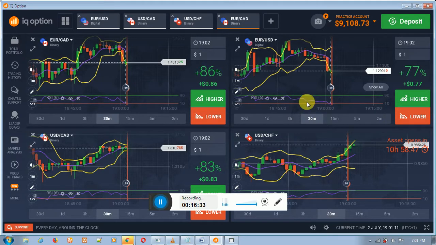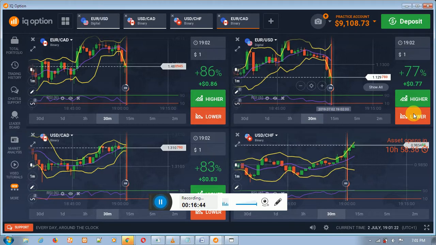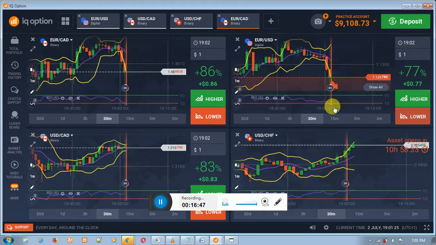Same thing is happening here. It's not touching down, just going up. This one is breaking now from this strategy, from oversold, which is lower.